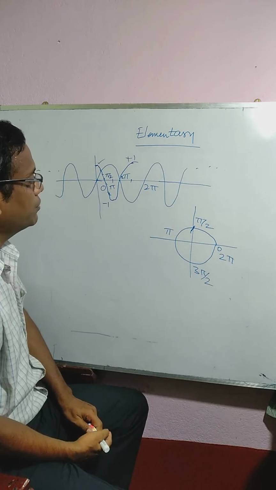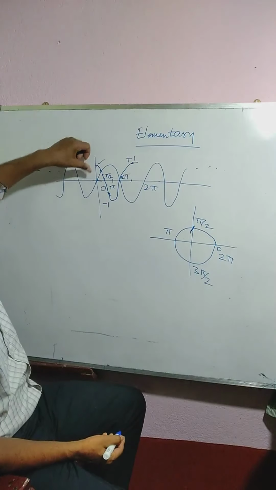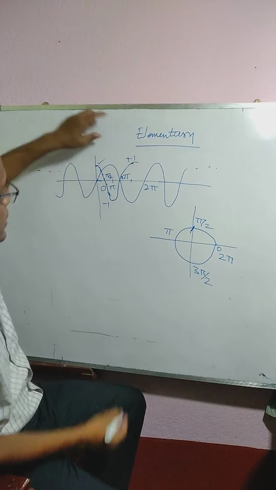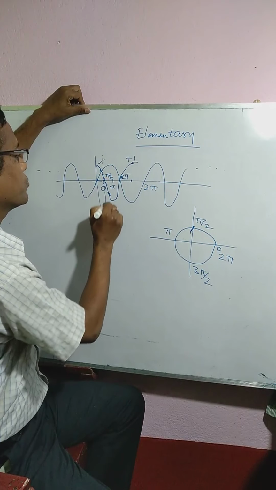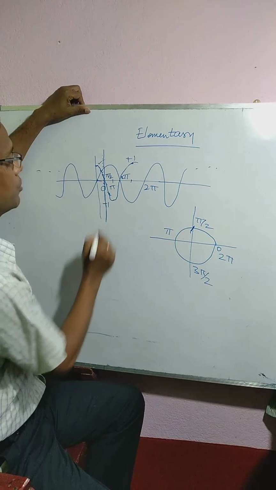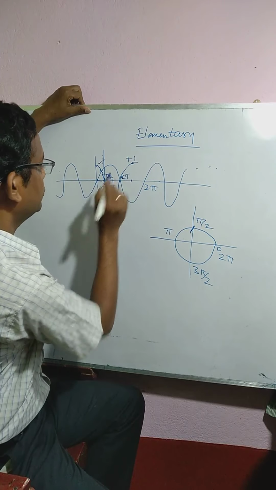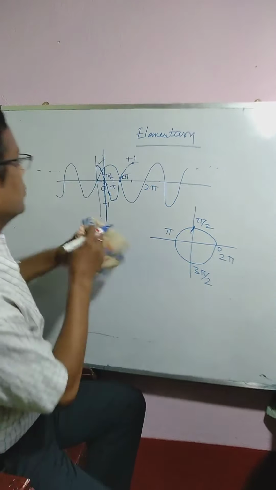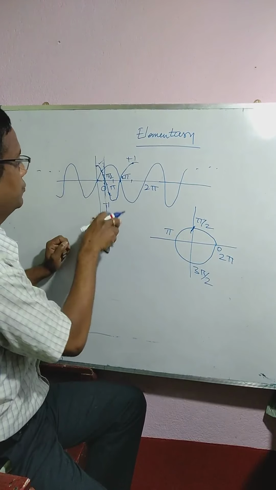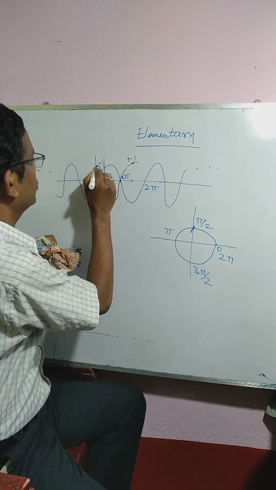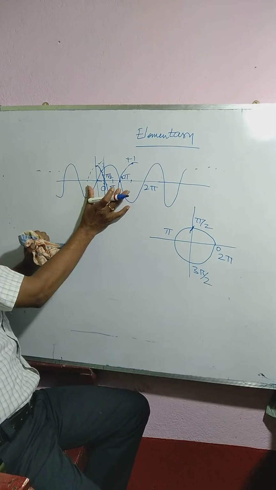If you carefully notice, say this is the cosinusoidal signal, and if we cut it from here, you will see this is a sinusoidal signal.